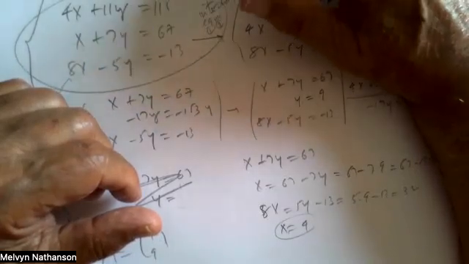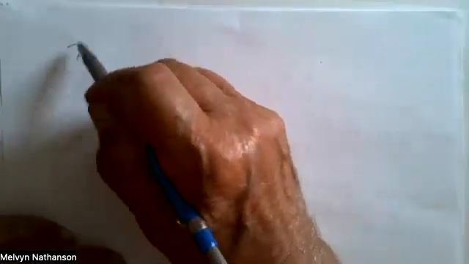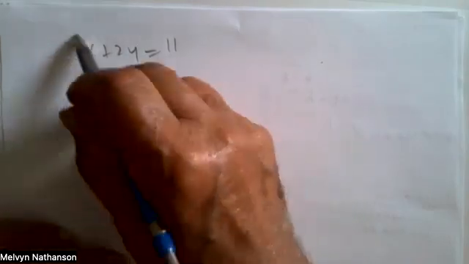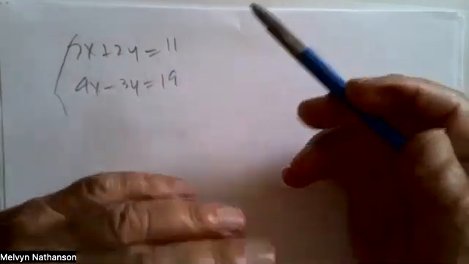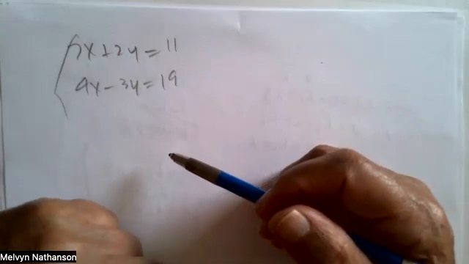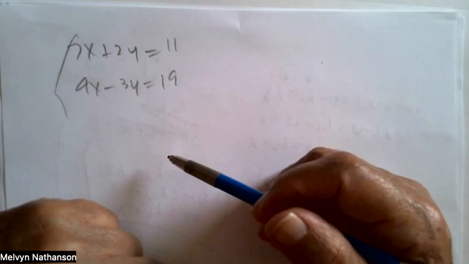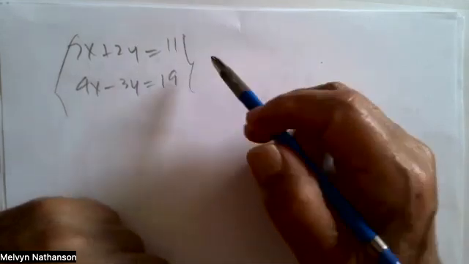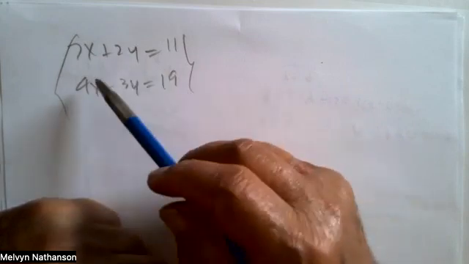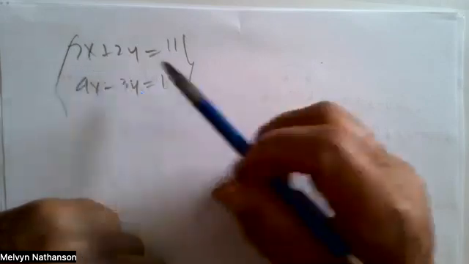Okay? A lot of this is basically what you learned in high school. I'll make up two equations, like 7x plus 2y equals 11, 4x minus 3y equals 19. So there are two equations and two unknowns, and you want to try to solve them. What could you do? Well, things are always easier if you have an x with a coefficient of 1.